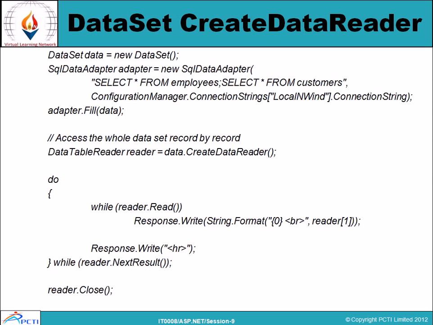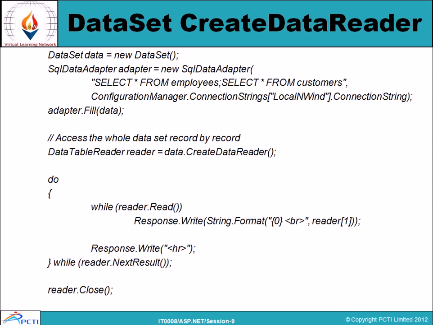Now let us learn with the help of this coding how a DataSet can create a data reader. DataSet data is equal to new DataSet. SqlDataAdapter adapter is equal to new SqlDataAdapter: select star from employees, select star from customer.